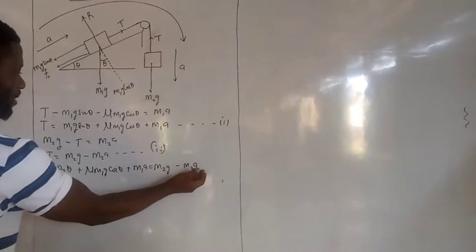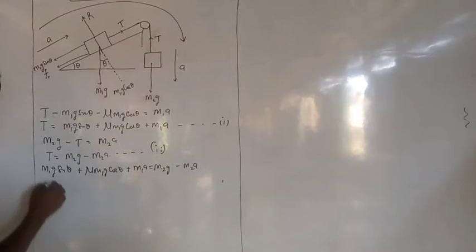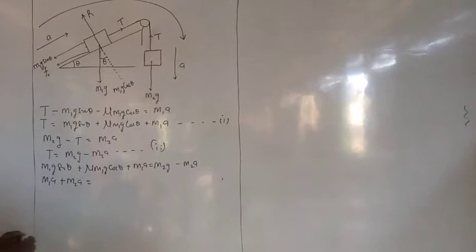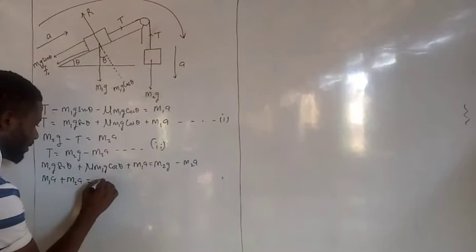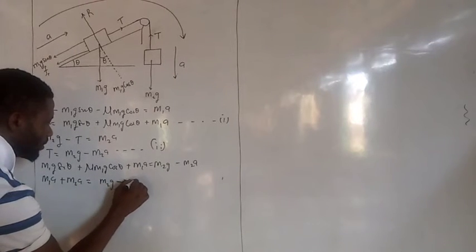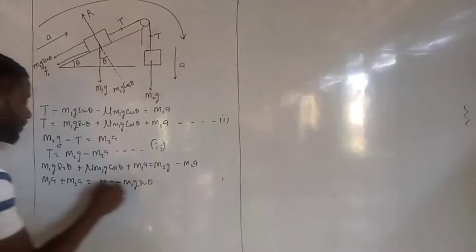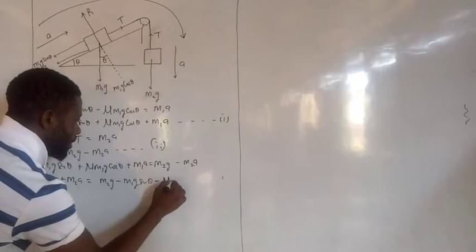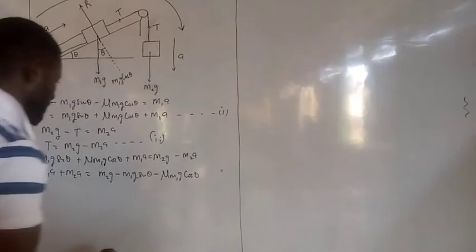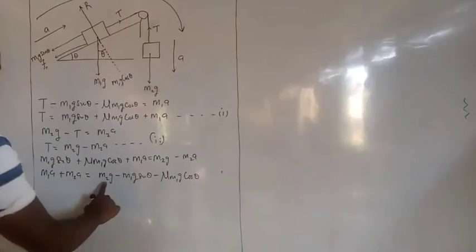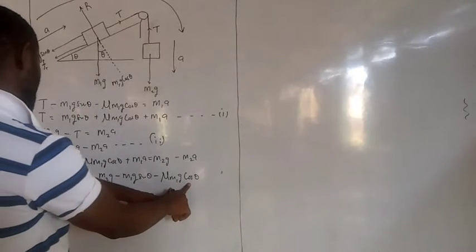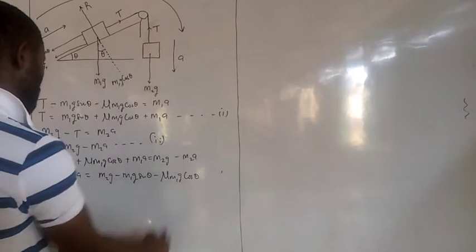So if M2A comes here, I will have M1A plus M2A is equal to M2G minus M1G sin theta minus mu M1G cos theta.